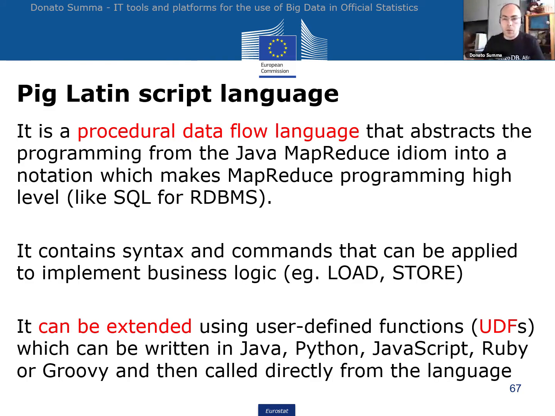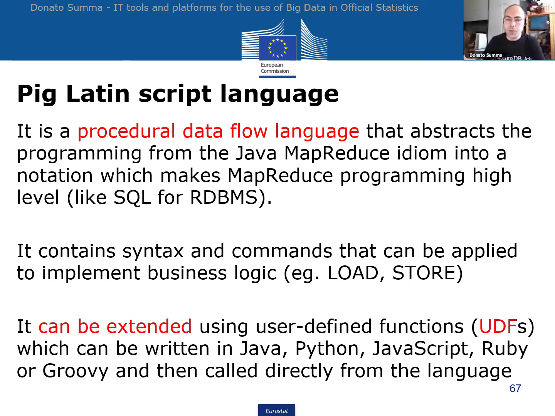Let's talk about the first component, the Pig Latin script language. It's a procedural data flow language that abstracts the programming from the Java MapReduce idiom into a notation which makes MapReduce programming high level.